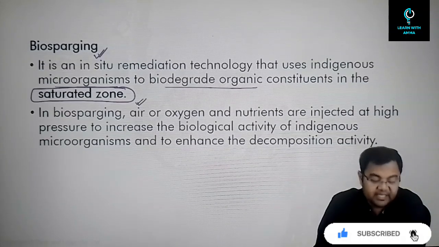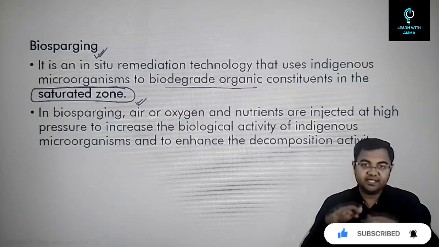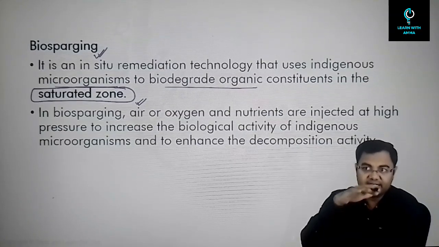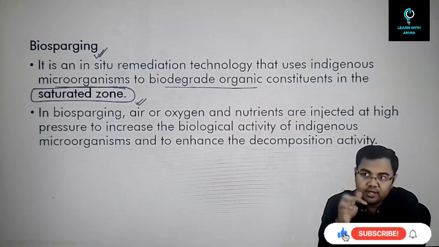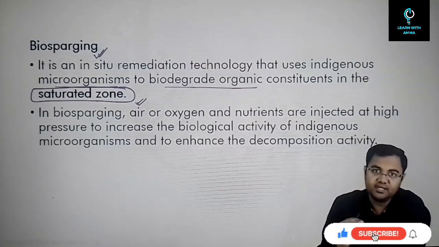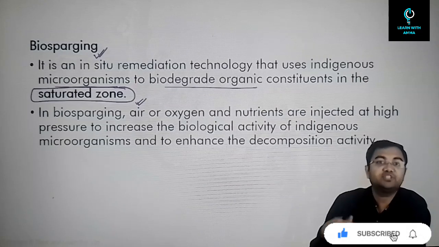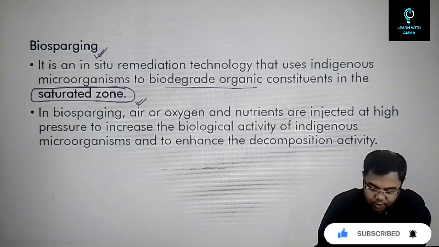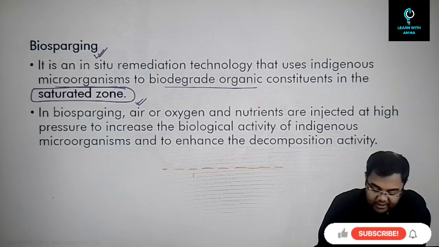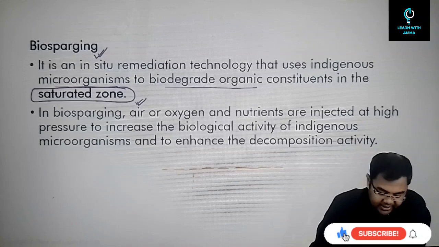Now what is the meaning of saturated zone? At the surface of the earth, the moisture content will be a little lower, but as you go downwards towards the water table, the moisture content of the soil will be higher, correct? So if you have the top layer of the soil like this, after a point you will reach the water table.